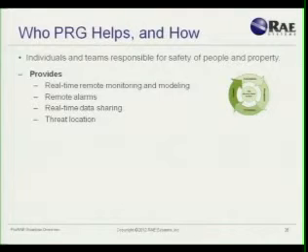Using modeling techniques, you can figure out how big the threat is and where the threat is heading, so that you can plan accordingly. You get remote alarms, so you don't have to be near the hot zone. Real-time data sharing: as we were saying earlier, if you have experts sitting in a remote location, you can share that data with them and get their opinions. Threat location: there are features in the product which can tell you exactly where the threat is and where it is heading.